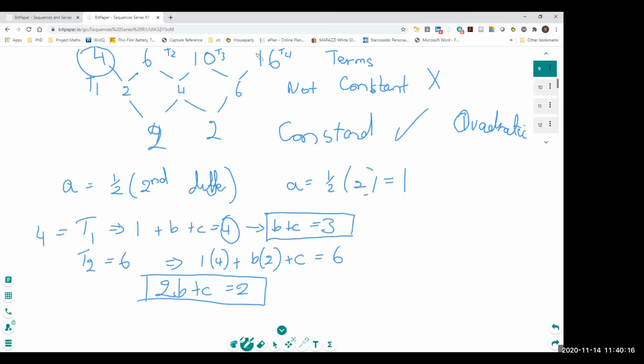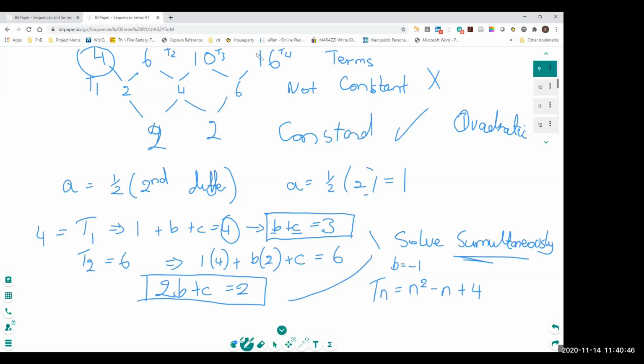You've got 2 equations in 2 variables, B and C. So I'm not going to do it, but you can solve simultaneously yourselves, and you will get a T of n is equal to n squared minus n plus 4. Because when it's solved, we got B is equal to -1 and C is equal to 4.